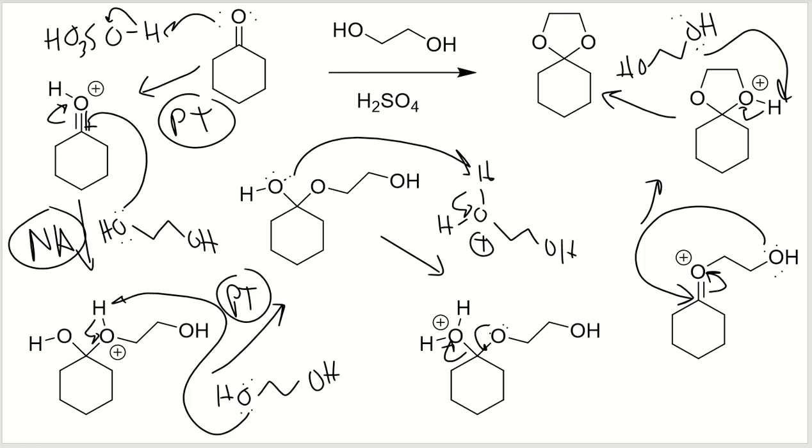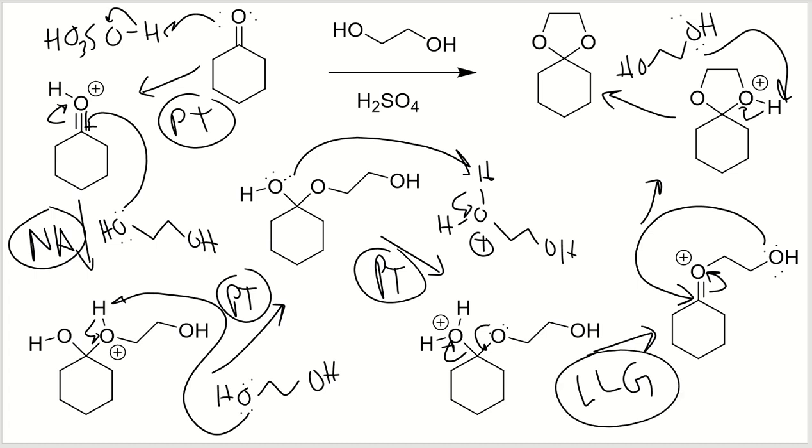That hemiacetal will then be protonated, proton transfer to generate a good leaving group, water. And once that water leaves, we have loss of our leaving group. We get back to an activated or more electrophilic carbonyl structure that is then susceptible to nucleophilic attack.